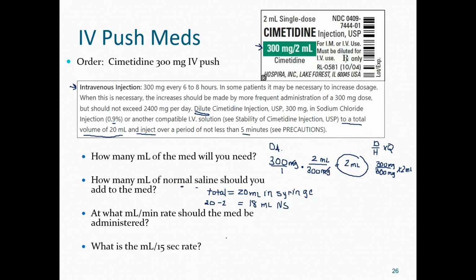So milliliters, well, there are 20 in the syringe. Minutes, we read that it must be at least 5, and we chose to use 5. So if I divide this out, 20 milliliters over 5 minutes would be a rate of 4 milliliters per minute.